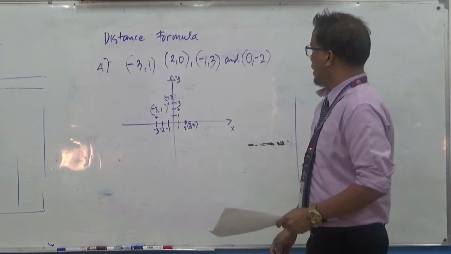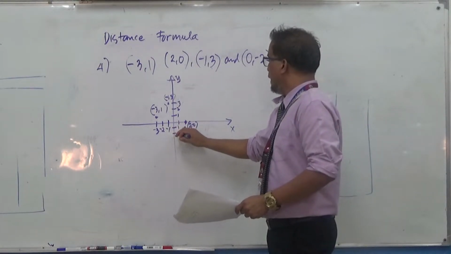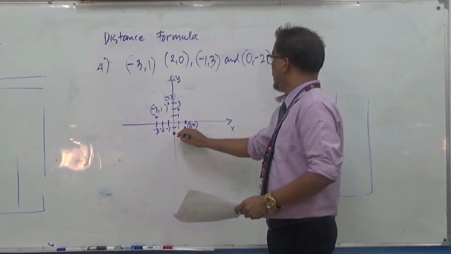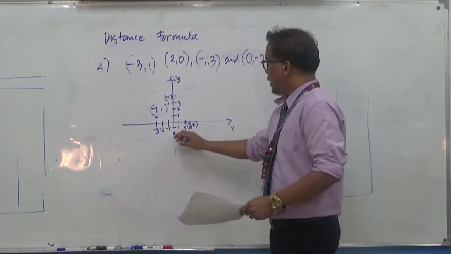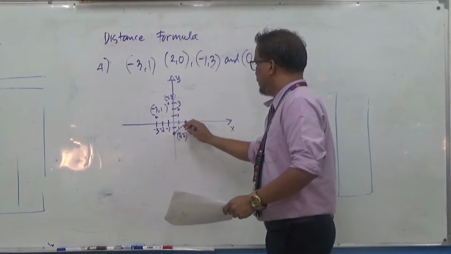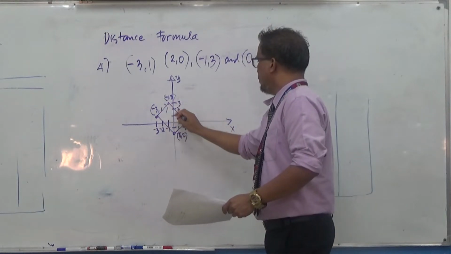Then the last one is (0, -2). If this is negative 2, then (0, -2) will be here. Then, if we connect the points, this will be the shape, okay?